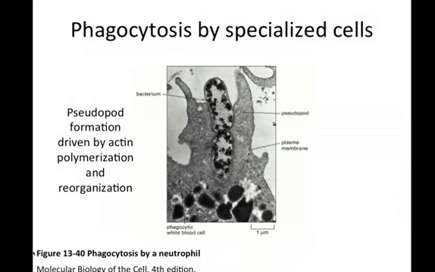Pseudopod formation. So this is a pseudopod. You can see the cell membrane is kind of reorganizing itself to come up and over the bacteria. And I just wanted to point out that formation of the pseudopod is driven by actin polymerization and reorganization. The reason I'm pointing that out now is because it's going to connect later on in the semester when we're talking about the cytoskeleton, and we'll talk about how actin is reorganized for cell movement and stuff like that.